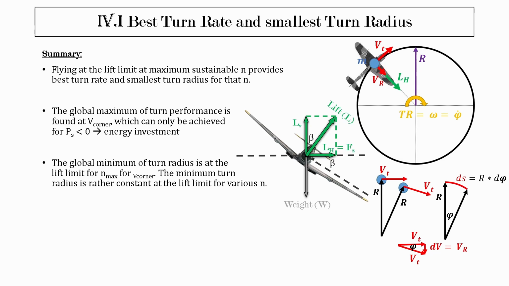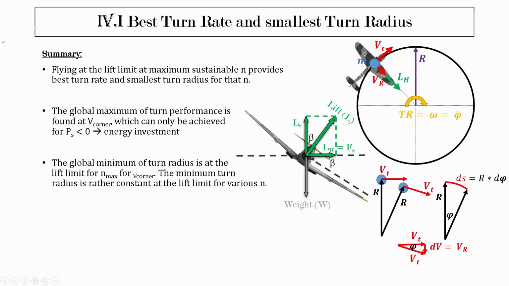We would set our speed that way, and then we would get our maximum turn performance and maximum turn rate for that particular N. But since this is our maximum sustainable N, that will be our best turn performance. And we call this our best sustained turn speed.